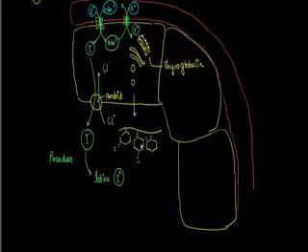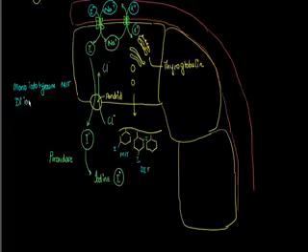If one iodine attaches to the tyrosine ring, it forms MIT, monoiodotyrosine, and if two iodine attach to the tyrosine ring, it forms DIT, that is diiodotyrosine. So we have monoiodotyrosine, MIT, and diiodotyrosine, DIT.